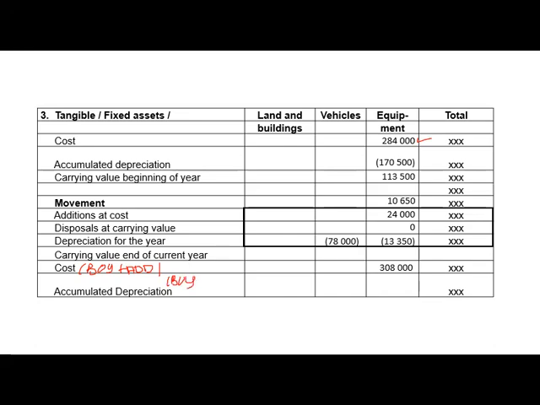It'll be increased by current year depreciation. So balance at the beginning of the year for accumulated depreciation is this 170,500. You will add it with current year depreciation of 13,350. And that will give us 183,850. Now take 308,000 and minus 183,850. It'll give you 124,150.